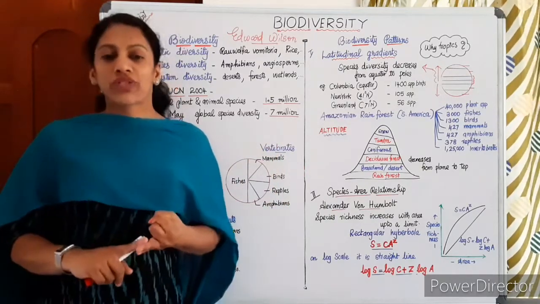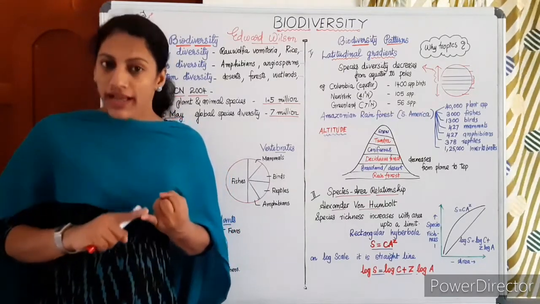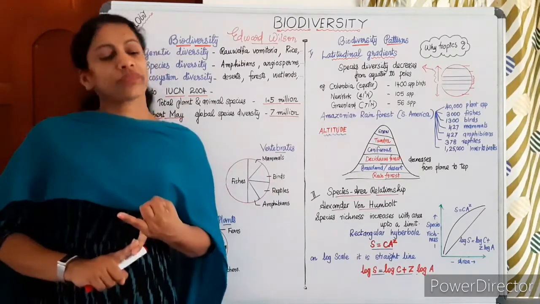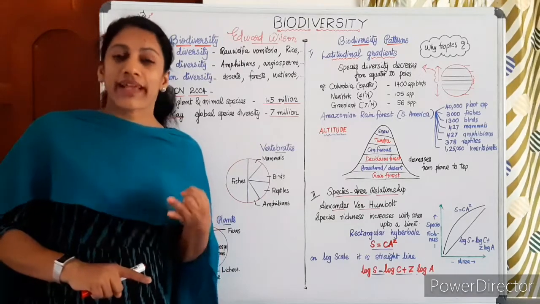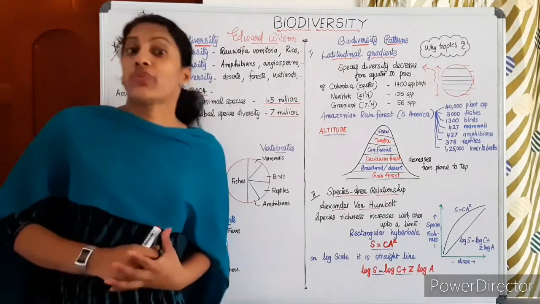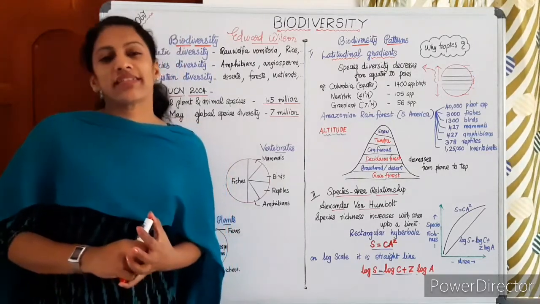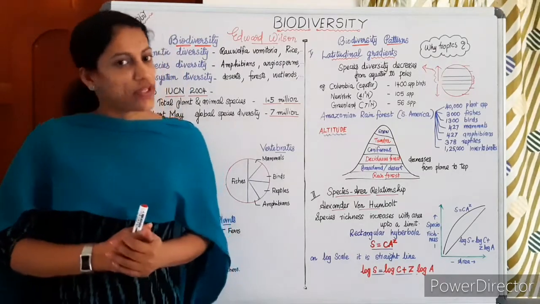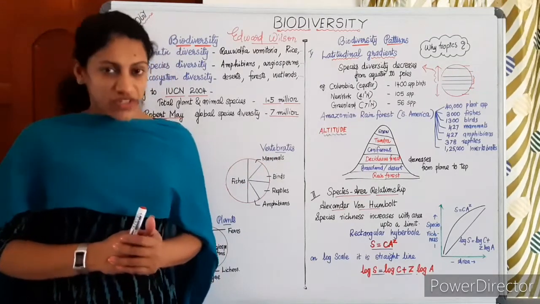It made the tropics enjoy high diversity. Disturbances like glaciations were negligible in the tropics. The climate is less seasonal and remained more or less steady for a long period of time, so that made the tropics more species rich.